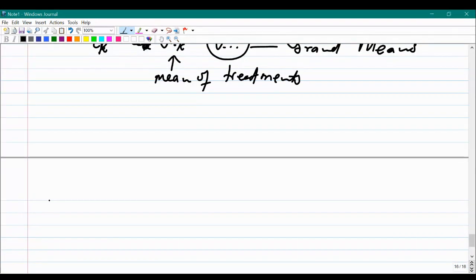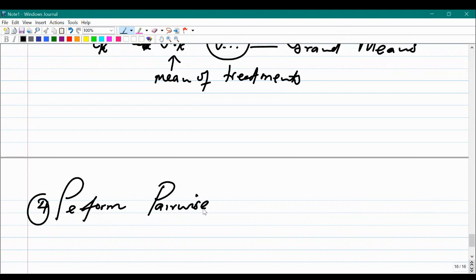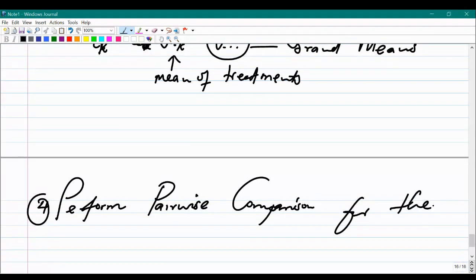The fourth one, number 4: perform pairwise comparison for the treatments if necessary.